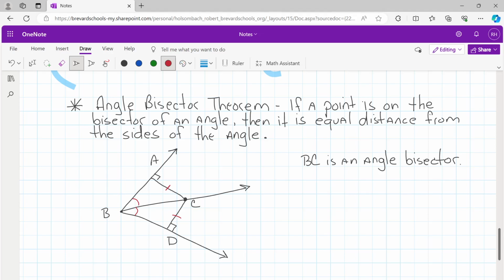Now, the converse of this angle bisector theorem is also true. And that's right below the theorem you just wrote. Let's get that in your notes as well.